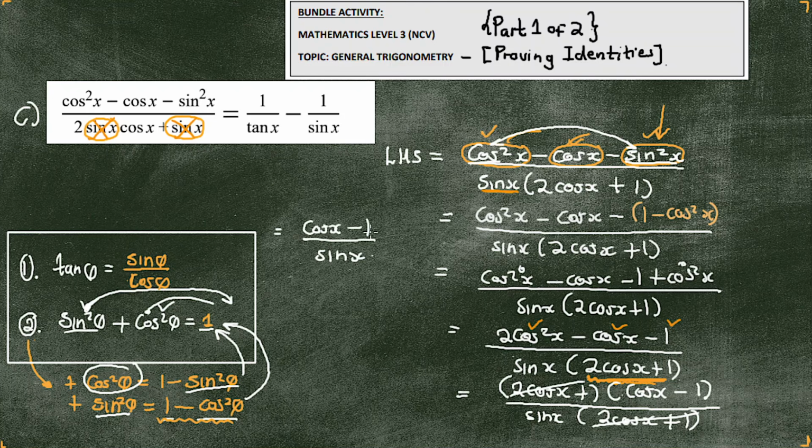Now nothing else can be done except for doing this: cos x over sine x minus 1 over sine x. I have this part, this and this, negative. However, I don't have the tan.